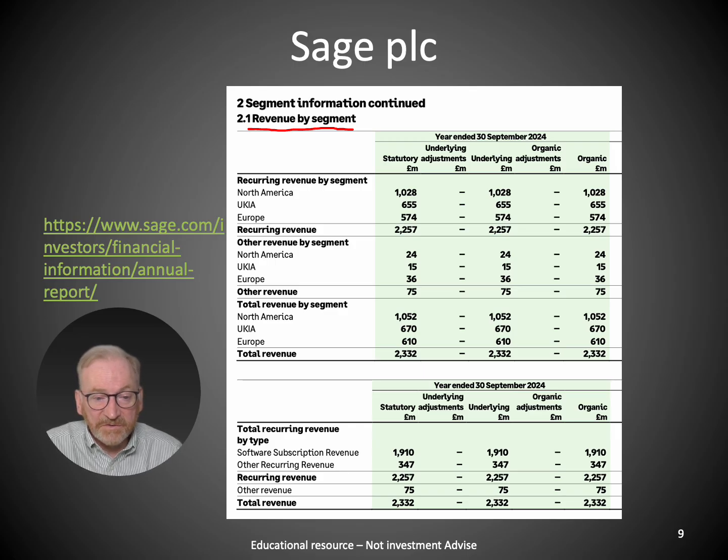But more interestingly, underneath, they're showing us their software subscription revenue here and other recurring revenue. And this makes up 2.2 billion British pounds of their revenue. So they are recognizing that the revenue is recurring, and we're now going to dig a little bit deeper into what that means.